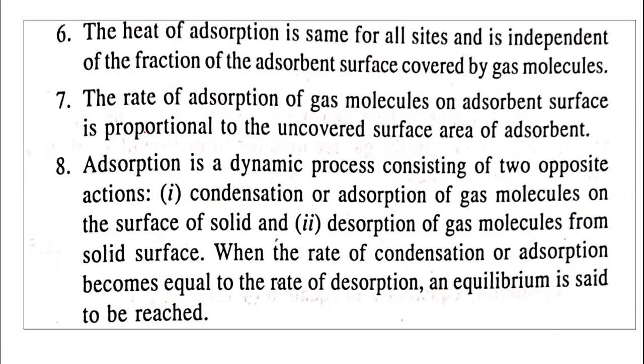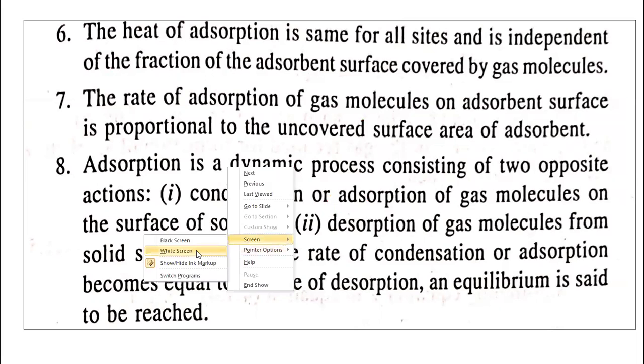Next assumption, adsorption is a dynamic process consisting of two opposite actions: condensation or adsorption of gas molecules on the surface of the solid, and desorption of the gas molecules from the solid surface. So you can see here, adsorption is a dynamic process. Molecules get adsorbed on the surface of the adsorbent.